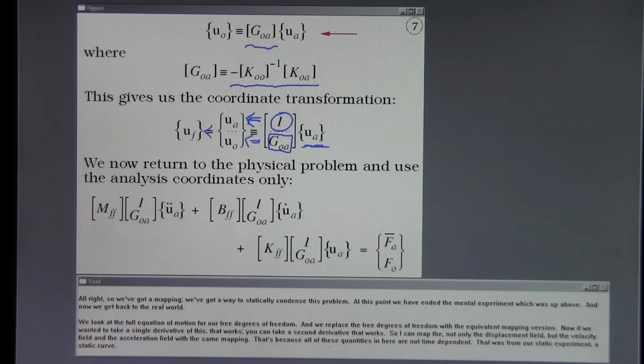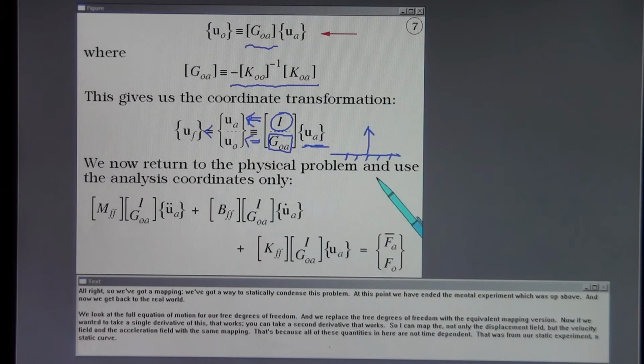At this point we have ended the mental experiment, which was up above, and now we get back to the real world. We look at the full equation of motion for our free degrees of freedom, and we replace the free degrees of freedom with the equivalent mapping version.